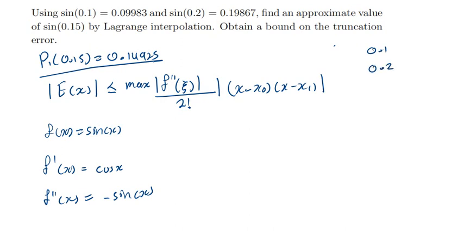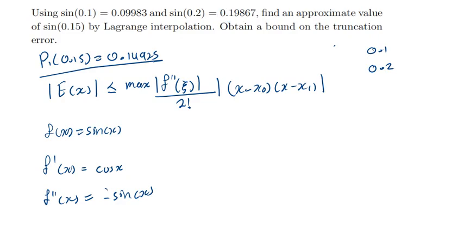So you have to substitute those values into your second derivative. We are going to get two answers. It's pretty obvious what you're going to get here, because we're already given: when you plug in 0.1, you get that one, and you plug in 0.2, you're going to get that one there.